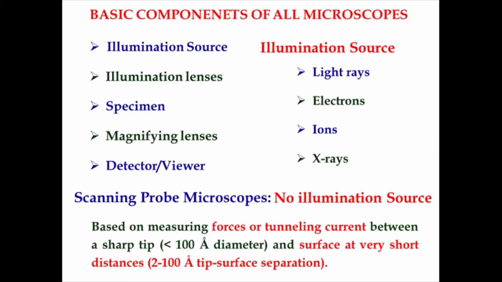So you can make use of various sources like light rays. Light rays, for science students or teachers, means the range of electromagnetic radiations possessing wavelength lambda between 400 nanometer and 800 nanometer.